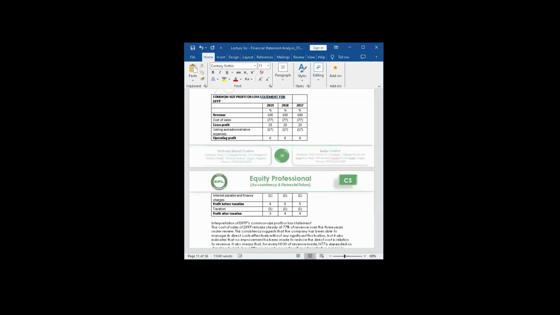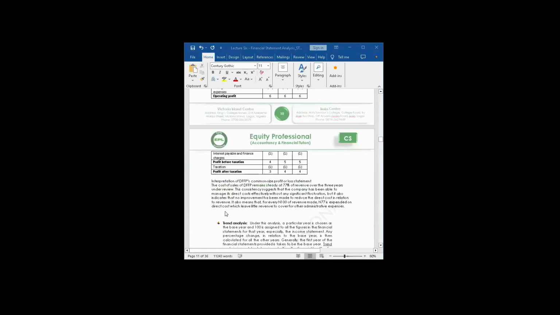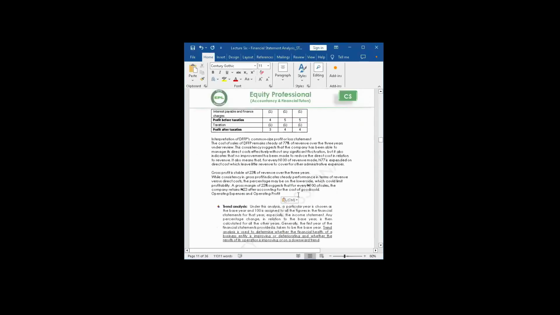So I can also do that for gross profit. Gross profit is stable at 23% of revenue over the 3 years.